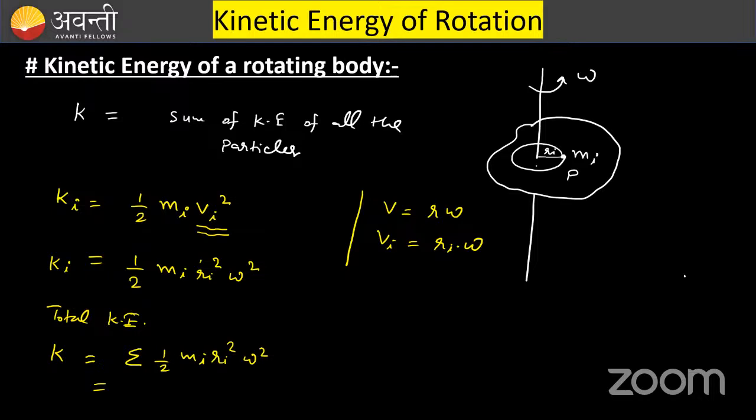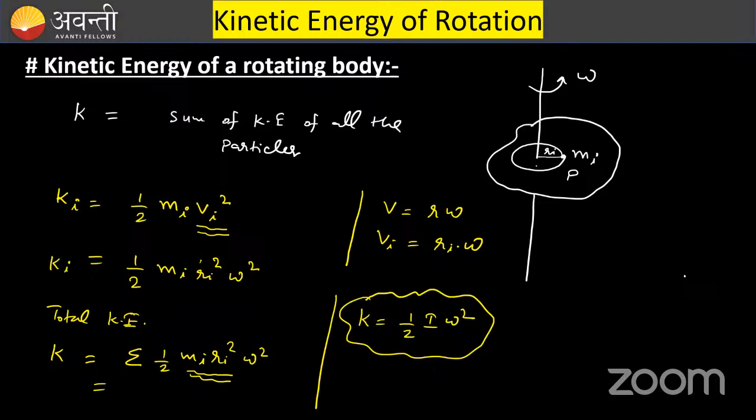Half is constant, we can take it out, and mi ri square is the moment of inertia. So K equals half I omega square. That's it. You can take a screenshot of this portion.